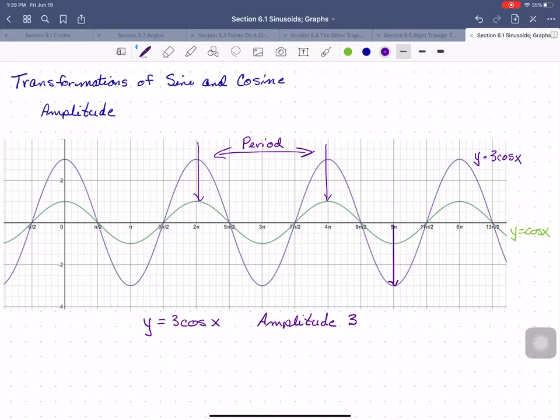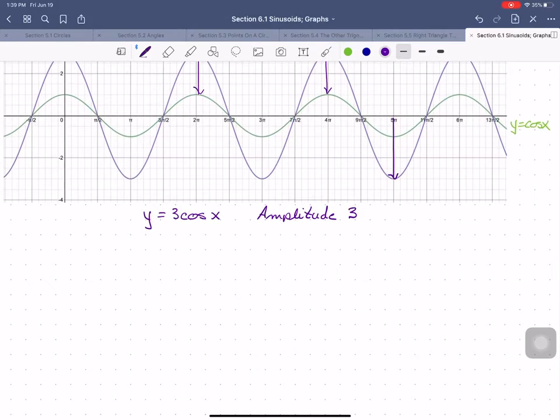This is not a coincidence. In fact, in general, for both sine and cosine, the function y equals a cosine x, or a sine x, will have amplitude equal to a.